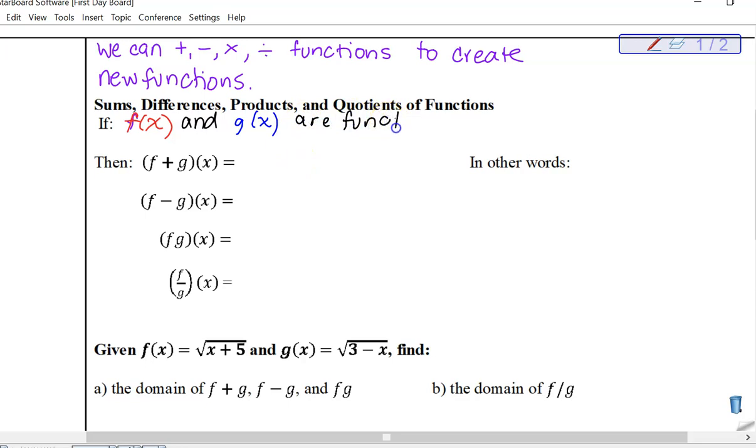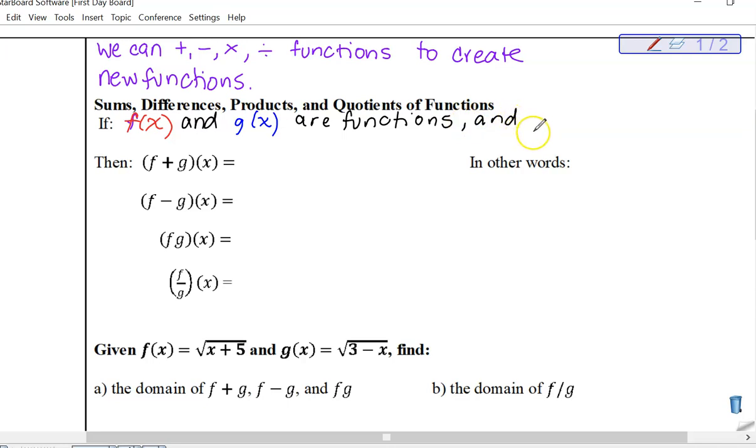Okay, so first, that's the first condition. They must both pass the vertical line test. They must actually be functions where each x has only one y as an output. So that's one condition.